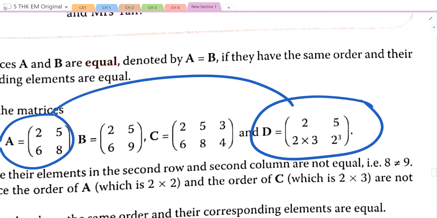Do they have the same order? Yes, right? 2 by 2. Do they have the same elements everywhere? Yes, because this one is 6 over 2 times 3 over 6, then 2 cubed is 8. Okay, so they are the same. Is that the end of our lesson already? Yeah.